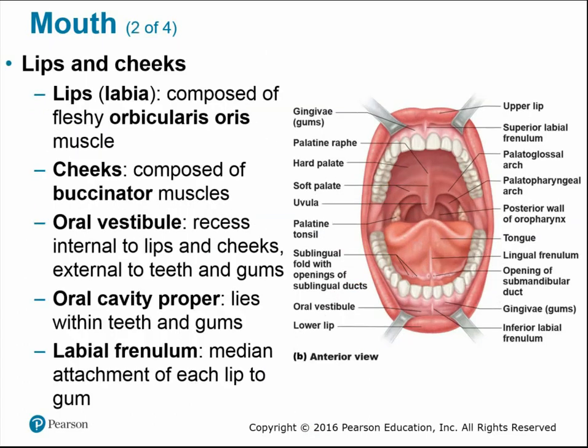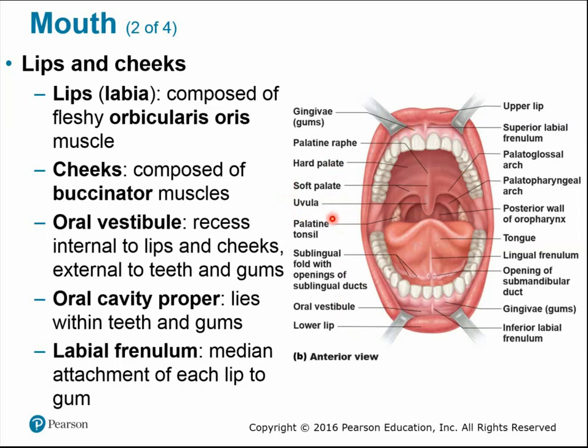So the lips and the cheeks are also parts of the mouth. So the lips, sometimes referred to as the labia, are composed of the orbicularis oris muscle, so it's kind of a circular muscle. The cheeks, composed of the buccinator muscles, so the buccal region is the cheek region.